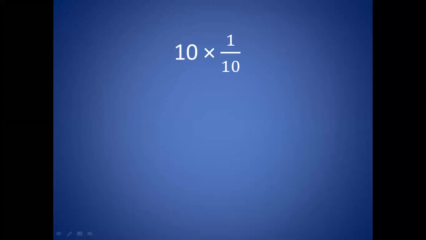You can see this on the slide: 10 multiplied by 1 out of 10 is 10 out of 10. Then you can cut those tens. How many tens in tens? There is only 1.